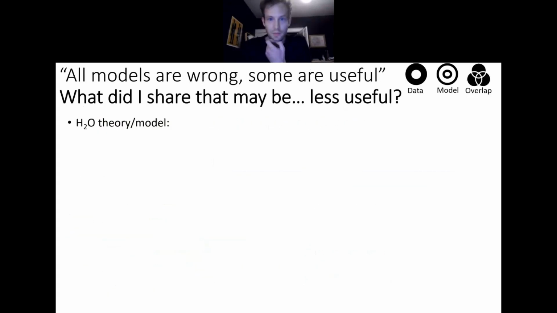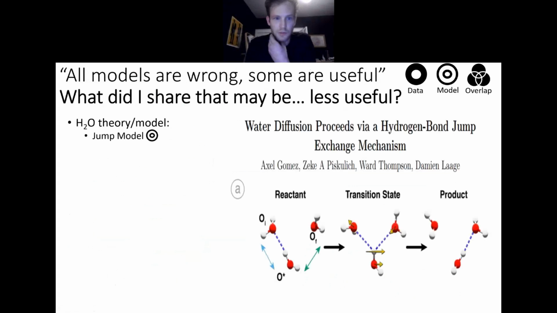And from that, I also want to say one thing about what have I told you that could be less useful. So all models are wrong, some are useful. What have I shared with you today that might be less useful, right? I've made a lot of conjecture, so where am I most likely wrong, or is there work to do?